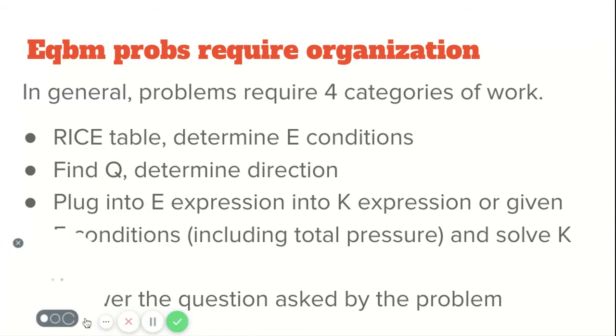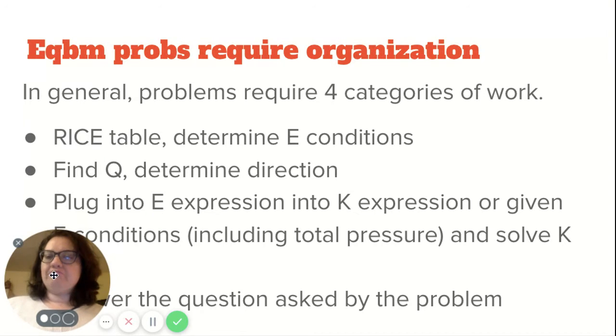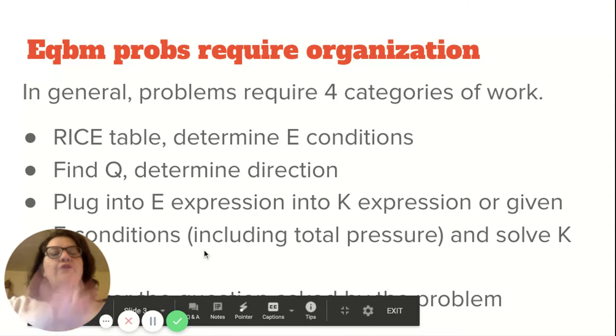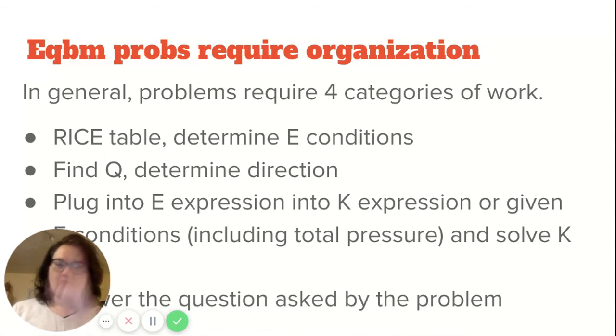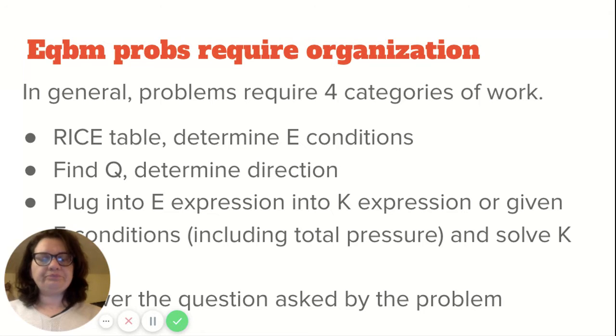Our approach is going to be roughly the same as before. We're going to use 4 different categories of work. I'm going to have a RICE table to organize information. We're going to need Q, and we're going to need to write out the equilibrium expression.